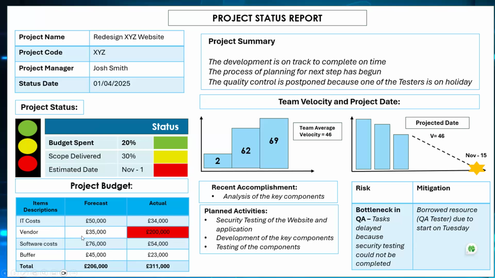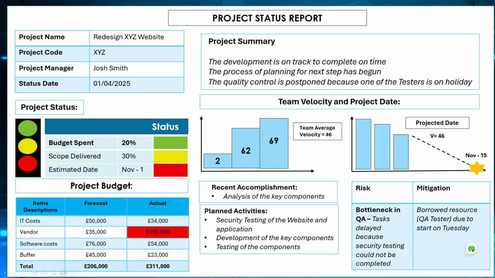For the vendor, it was estimated at 35, but they've spent 200,000, and that is why that is flagging, an alert showing that, okay, we've overspent more than we thought we were going to spend here. So the software cost also, you can see, is 76%, but they ended up spending 54. So they were doing well with all the other estimates they've made, except the vendor, which has gone beyond more than 100% of what was budgeted for.